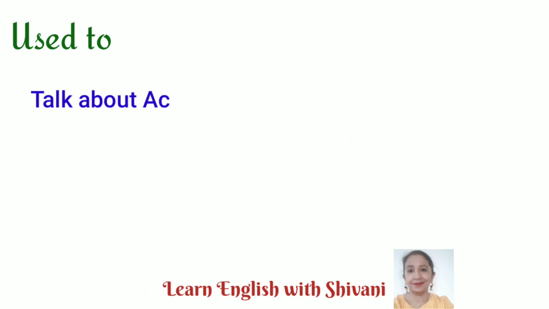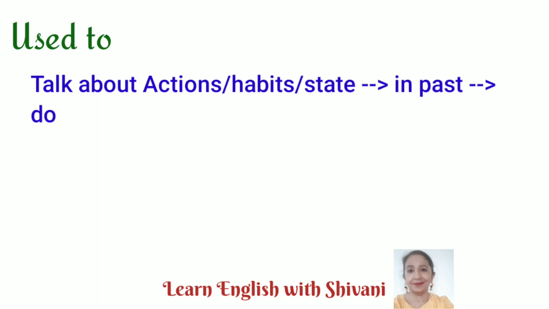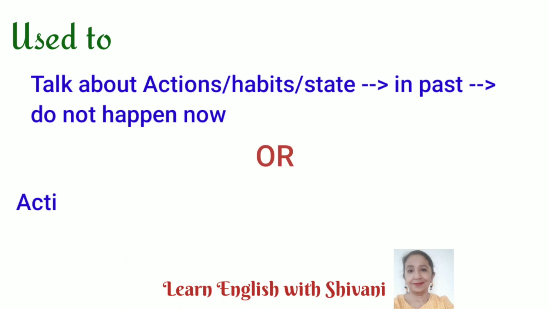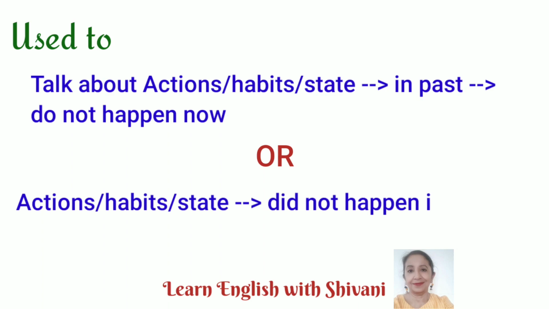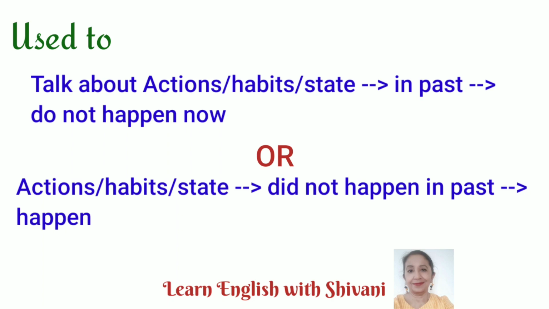As you see, by using used to, we tell about something that happened repeatedly or frequently in the past and has stopped happening now. It can be the other way around as well. It can also be something that did not happen in the past but has started happening now, like some new habit you might have developed that was not there in the past.